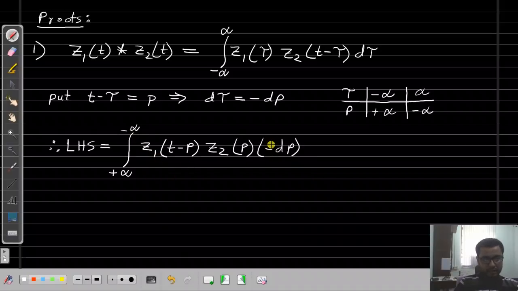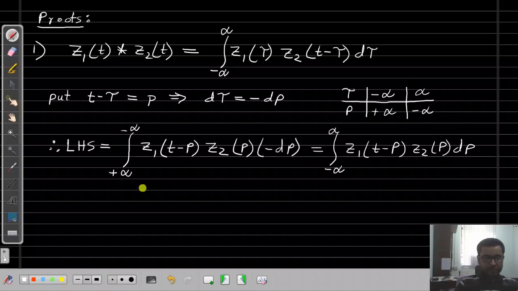Now we can use this minus sign to swap the limits of integration, and that will become minus infinity to plus infinity z1(t minus p) z2(p) dp.